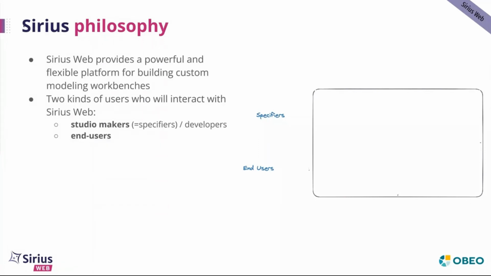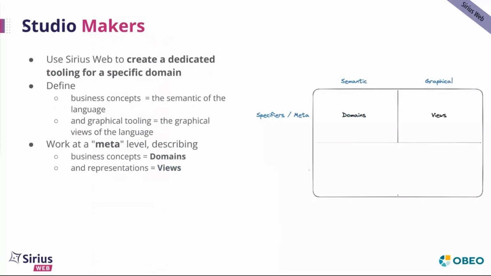Within Sirius Web, there are 2 distinct user roles, each responsible for working on specific aspects of the application. The first one is the studio makers. Studio makers will use Sirius Web to define all the concepts of their business and the graphical tooling to manipulate them. They work at a meta level where they describe the business concepts in a domain and the descriptions of the representations in a view.